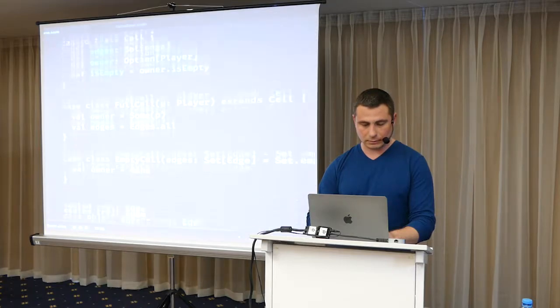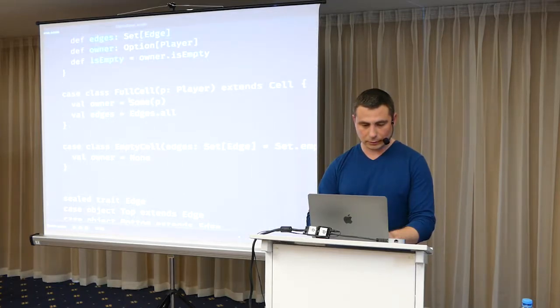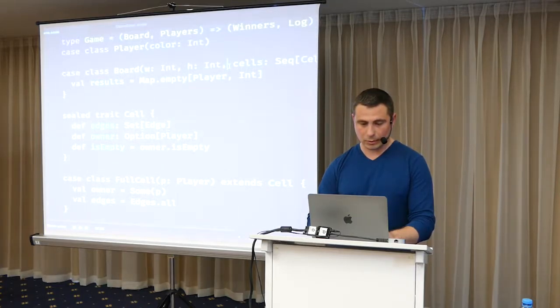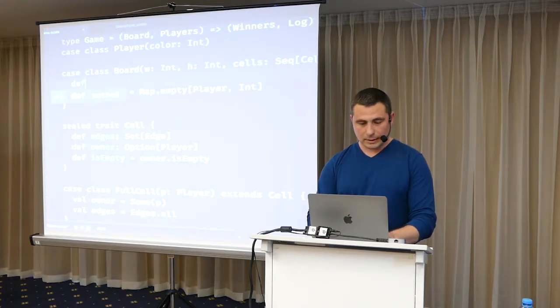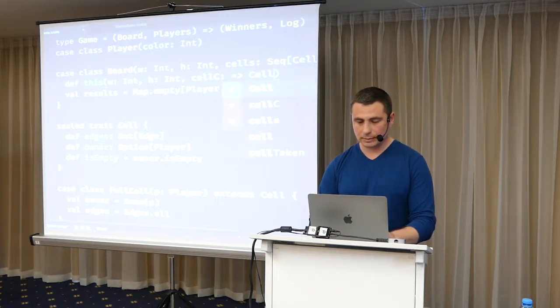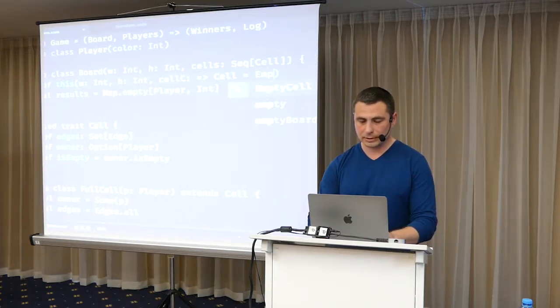I will just teach it how to generate itself. That's our board. We say this. And yeah, I will define just a cell constructor, which is a by-name parameter which generates some cell. And by default, it's an empty cell.